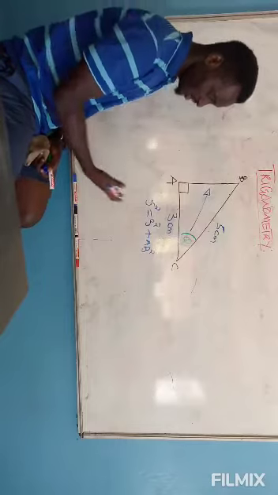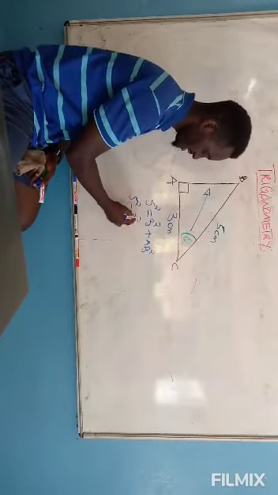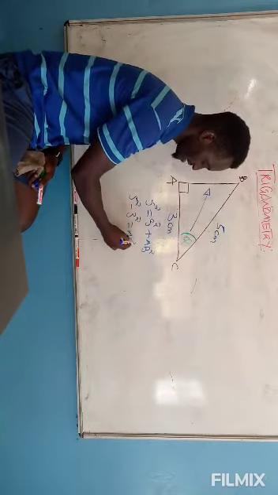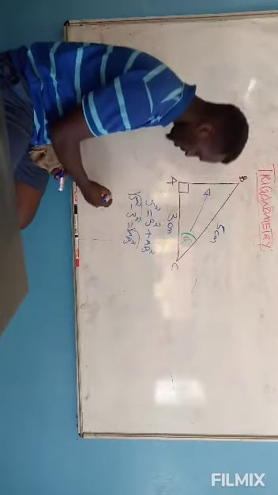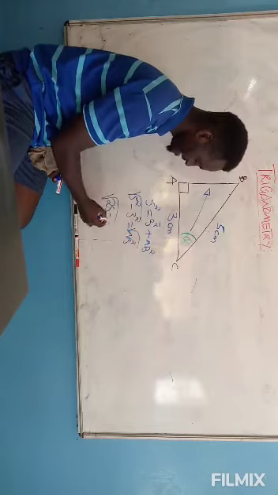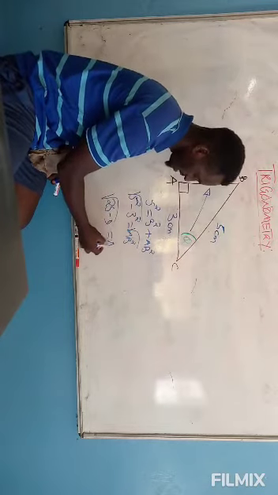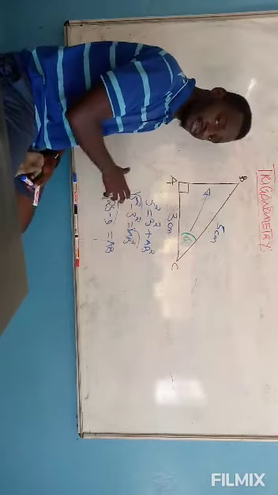So you have 5 squared minus 3 squared is equal to AB squared. Now you have 25 minus 9 is equal to AB squared.